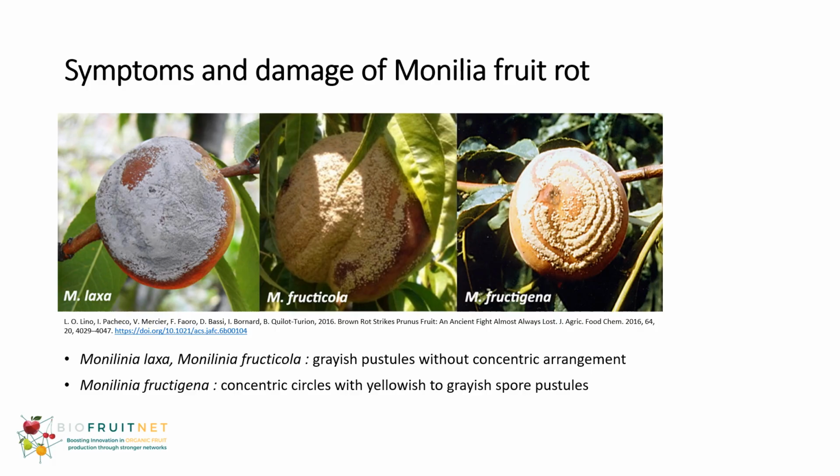Monilia laxa and Monilia fructicola symptoms include pustules without concentric arrangement on ripening fruits, while Monilia fructigena symptoms include concentric circles with yellowish to grayish spore pustules.